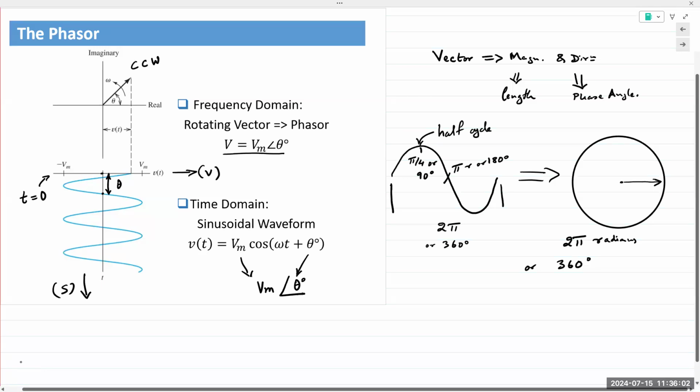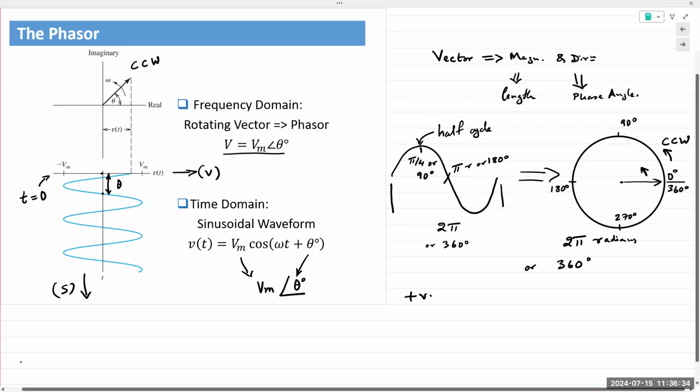The starting point is 0 degrees or 360 degrees, the top is 90 degrees, this is 180, this is 270 degrees, and then 360.